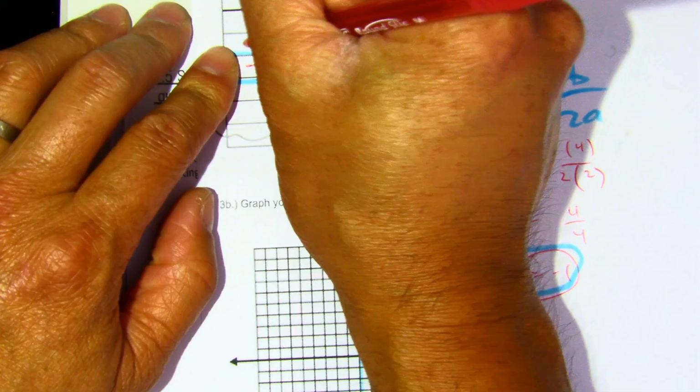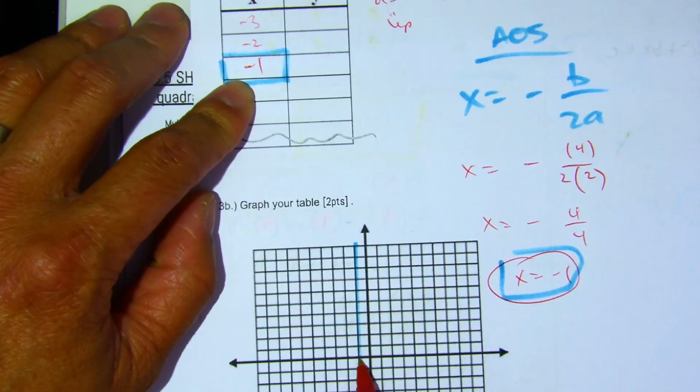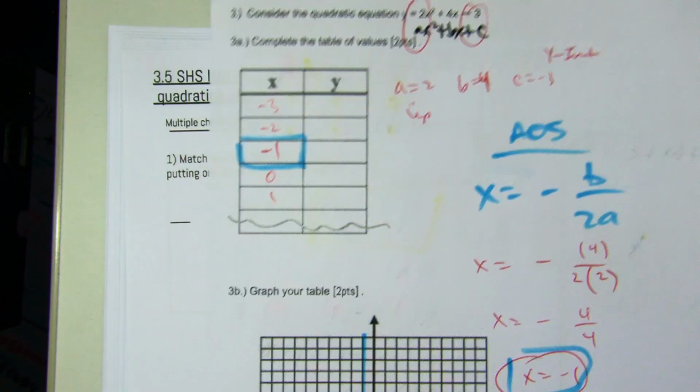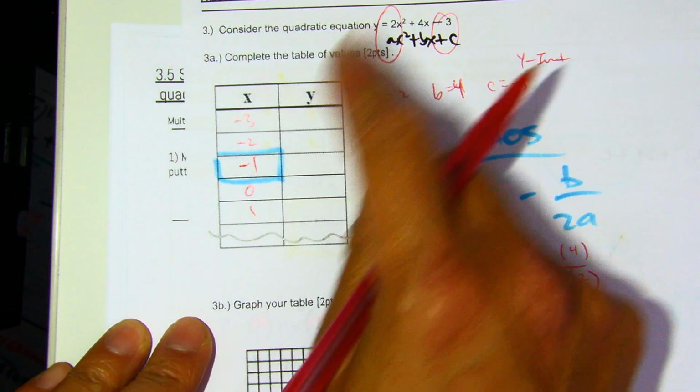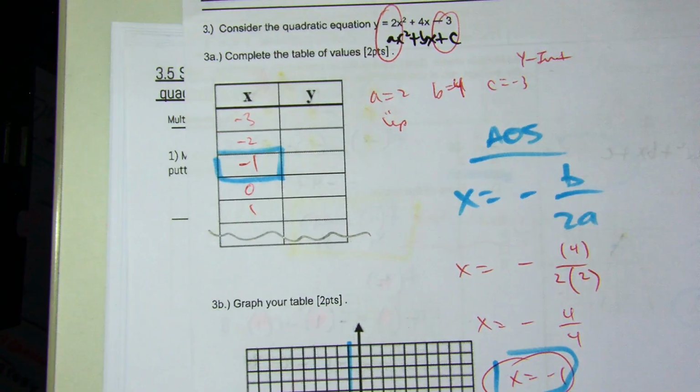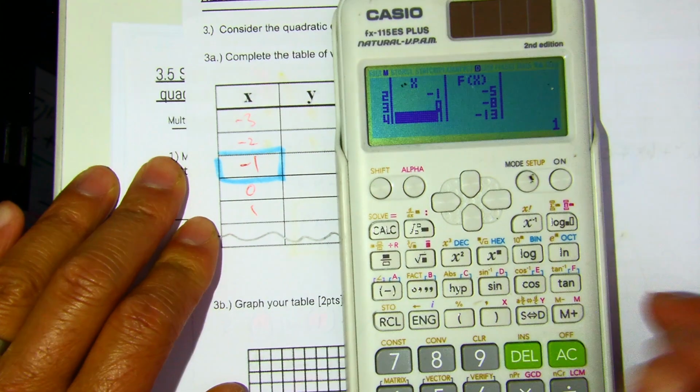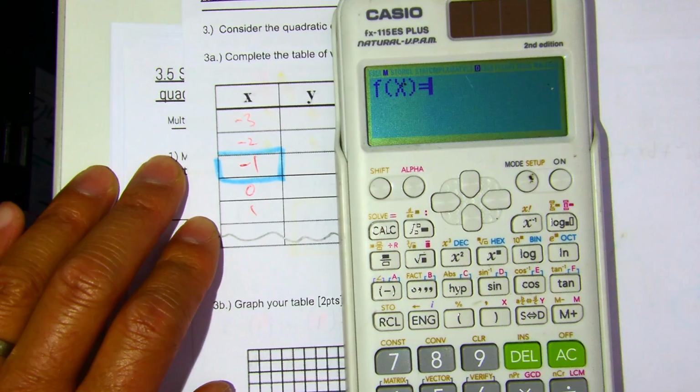Negative 2, put it in, but I'm just going to use my table of values, my calculator, mode, table, 2, alpha, right parentheses, squared, plus 4, alpha, x, minus 3.